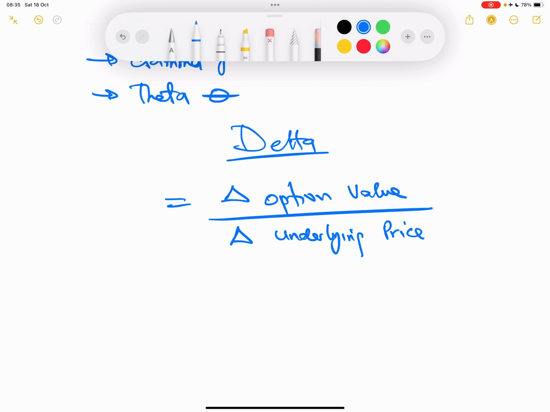And why is it useful? It's very useful in risk management, because you can use this information to construct what we call a delta hedge.